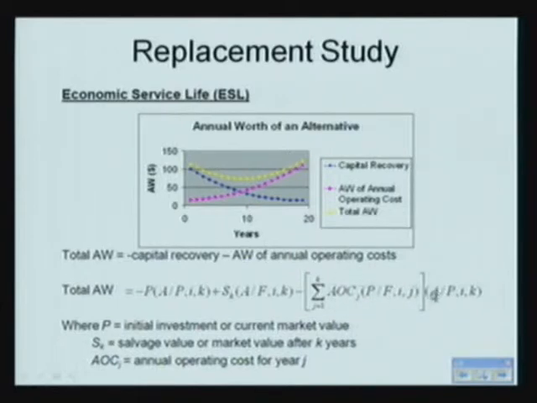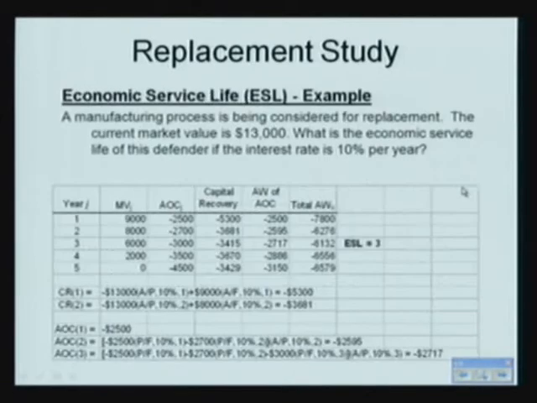Then I spread that back across the k years to find an annual value. If you look at this, we're trying to find an A given a P, an A given an F, and again an A given a P. So essentially, you can see we're turning all these cash flows into an annual value, annual operating cost.